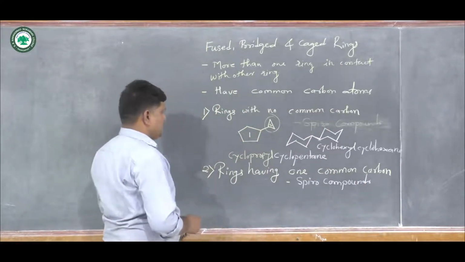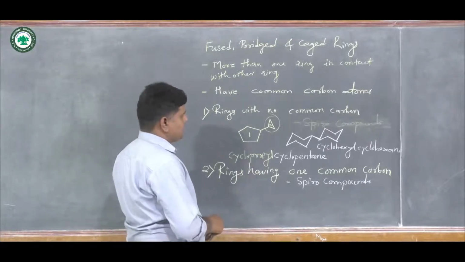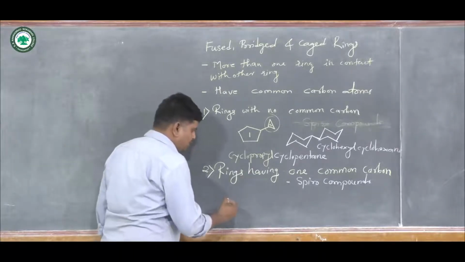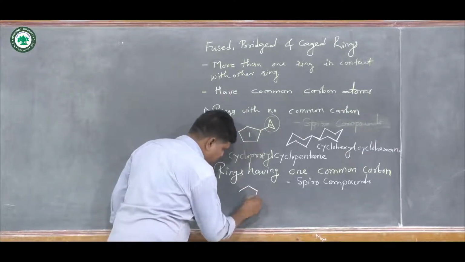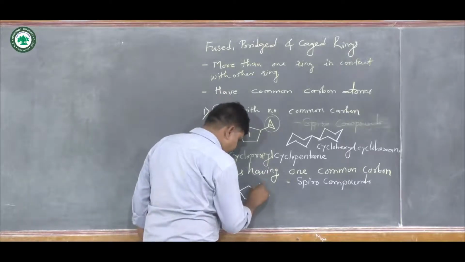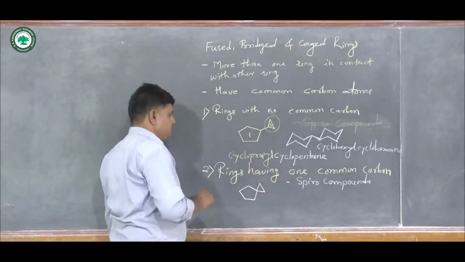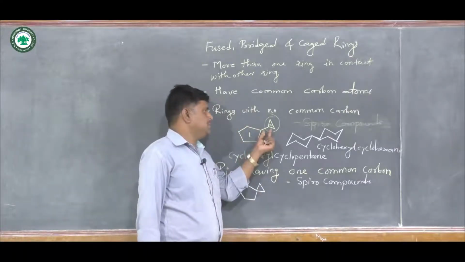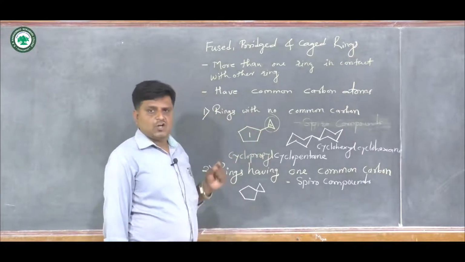Now we take one example of a spiro compound. Suppose this is your 5-membered ring and this is your 3-membered ring. In the earlier case there was no common carbon.